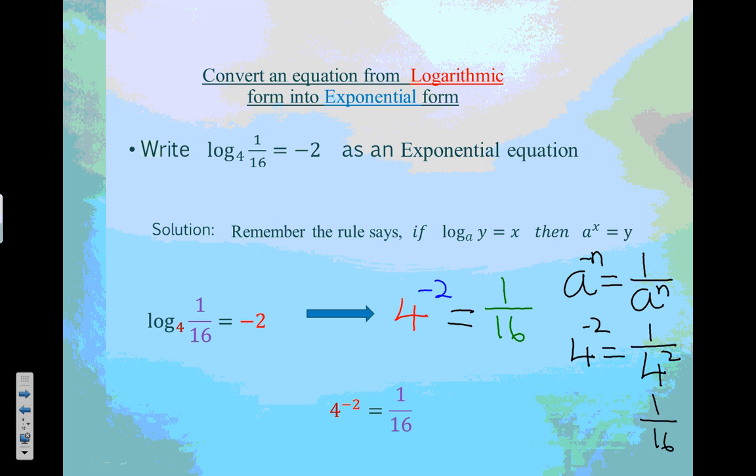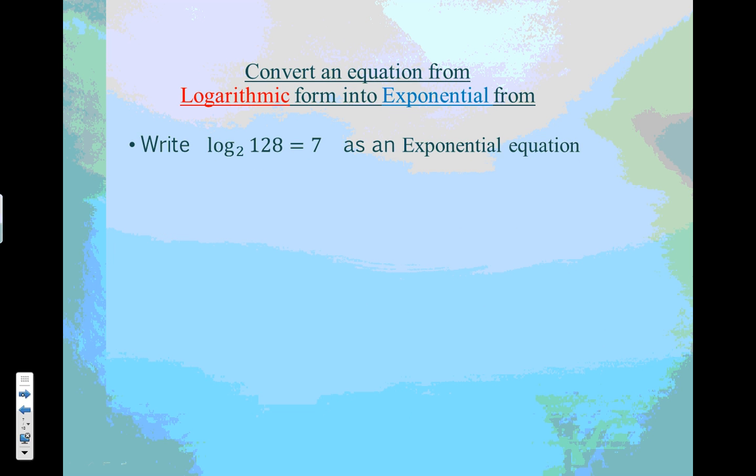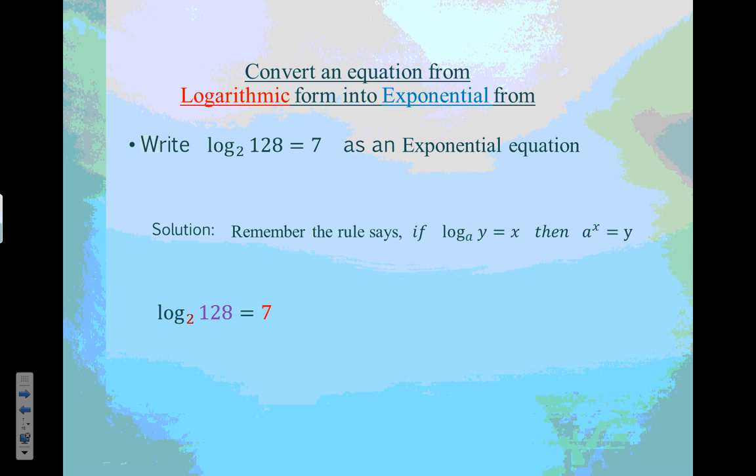Let's do another example. Log base 2 of 128 is equal to 7. Convert that into exponential form. Due to the formula, log base a of y is equal to x if and only if a to the x is equal to y. So our a is the 2.